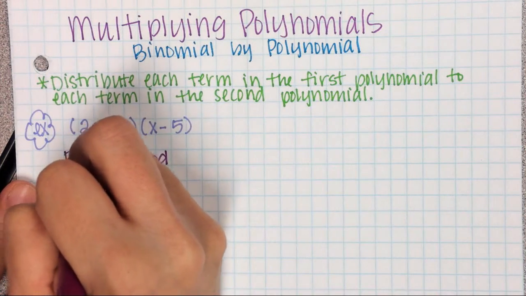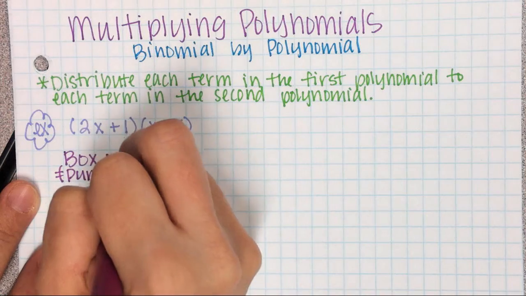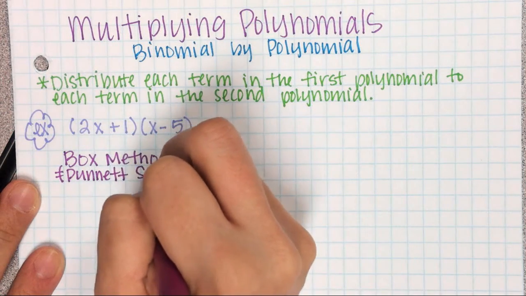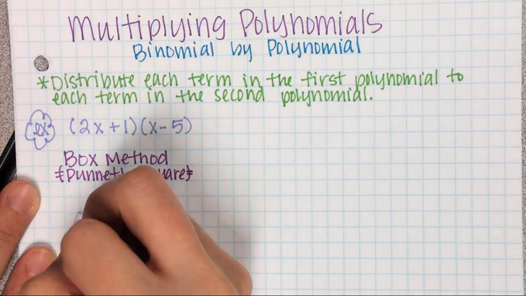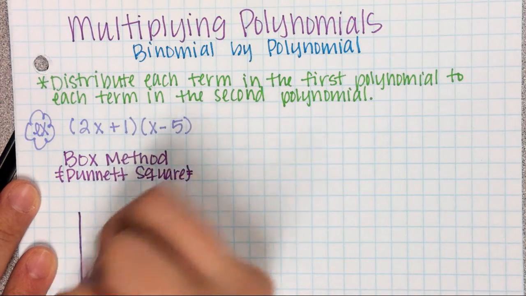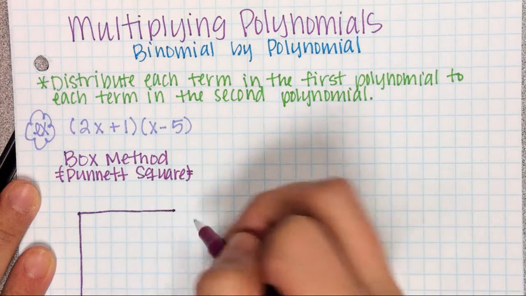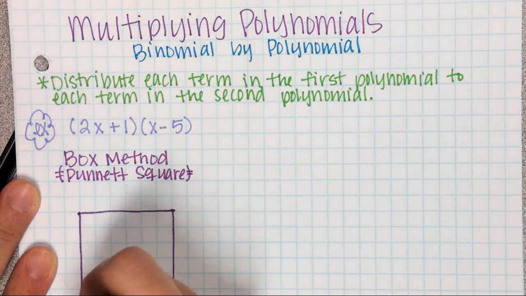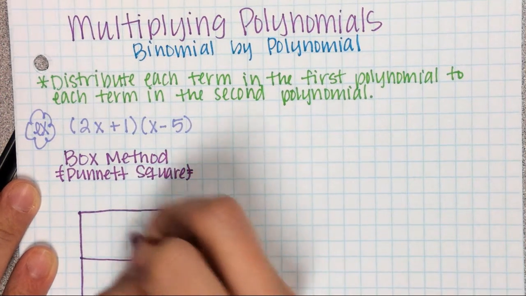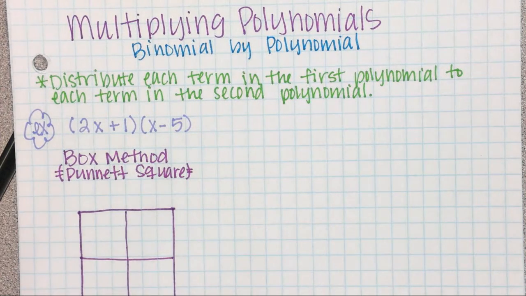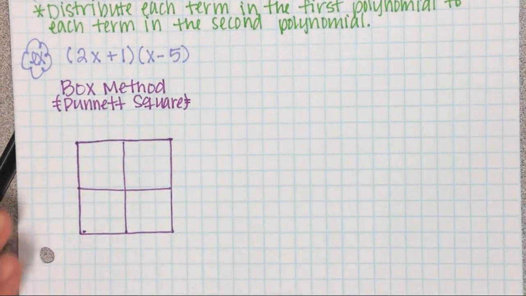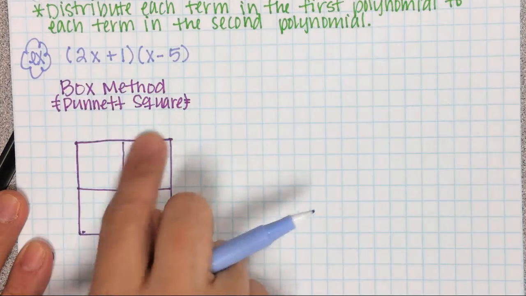And this should remind you of a Punnett square in biology. So begin by drawing your box, just like you would in biology class. And we're going to use these as your traits.